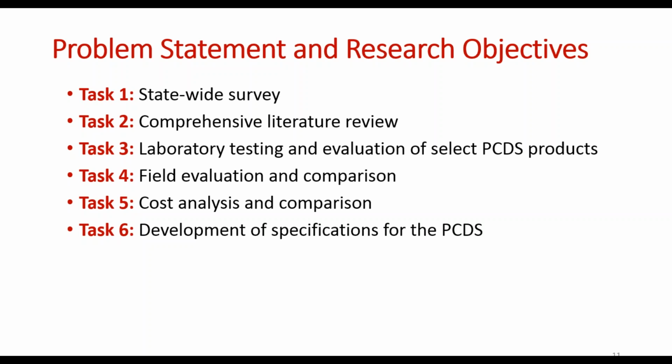And the second task is to do a comprehensive literature review on the second system, so we can know better about the performance and the existing codes and specifications used in other DOTs. And the third task is to do some testing in the laboratory and evaluate the performance of some selected products, so we can better understand which parameters we need to focus on for these products.